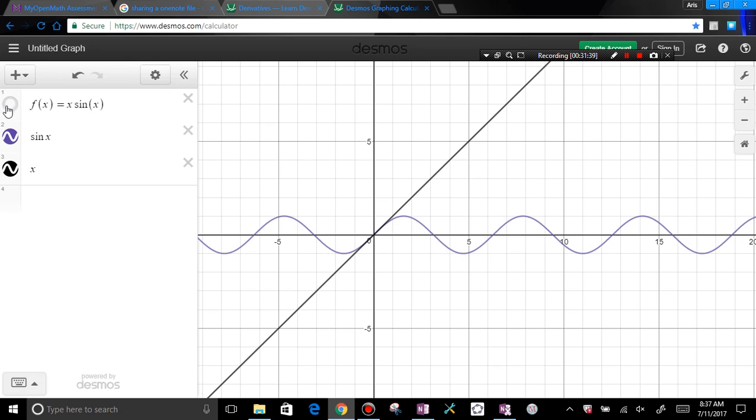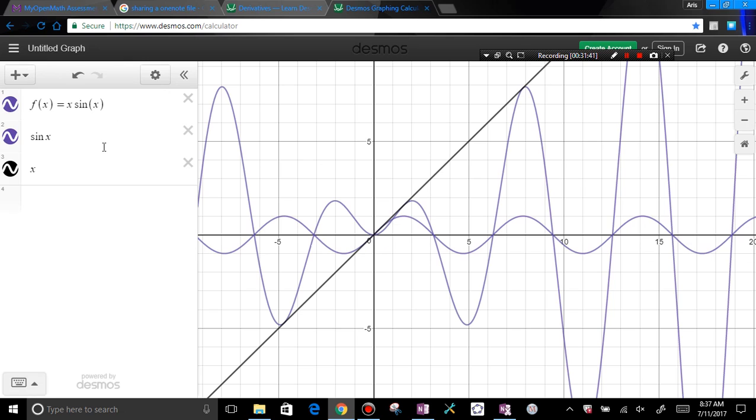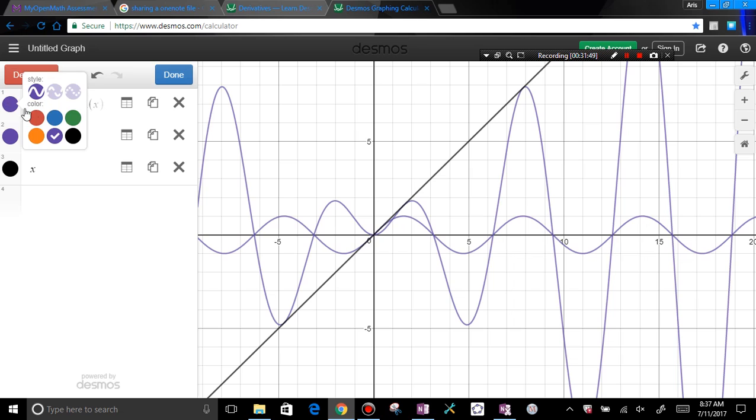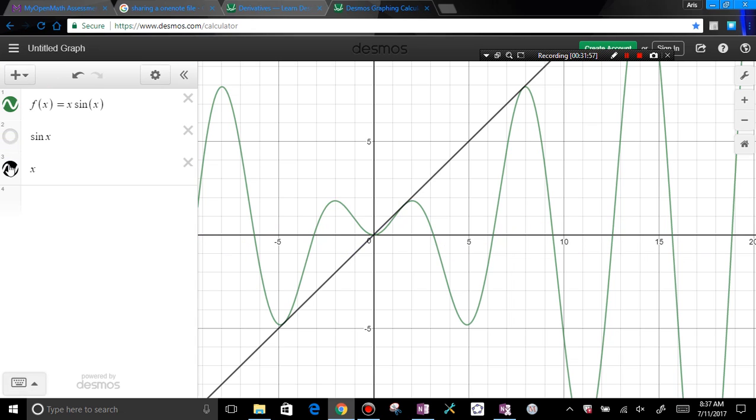I took this one and I multiplied it by this one. So again, that's why it looks like a parabola early on, because around here it's like x squared.